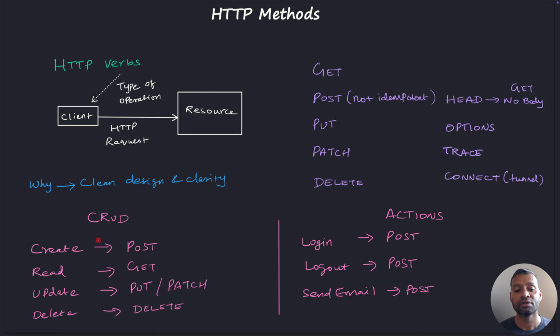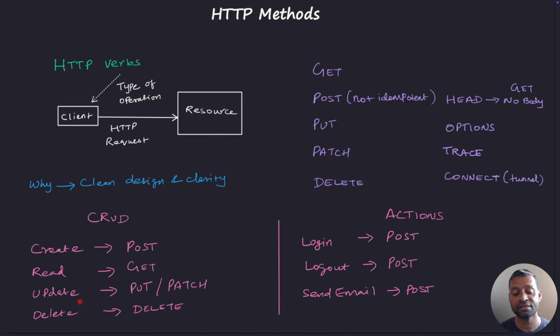Okay. So any operation that you are performing to create a resource or reading a resource or updating a resource or deleting a resource will fall under this CRUD category. And if your operation is falling under this CRUD category, then these are the methods that I'll use. For creating a resource, I'll be using POST, and for reading a resource, I'll be using GET.